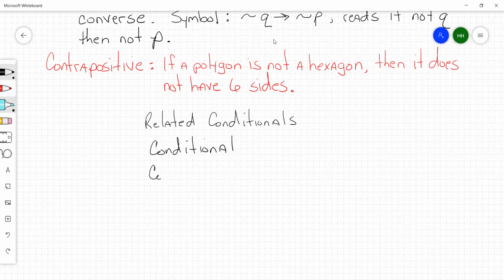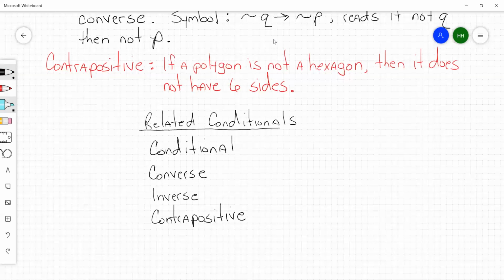And we have a converse to that statement, an inverse of that statement, and a contrapositive. Four related conditionals. There's the name of the statement. Here's the symbol.